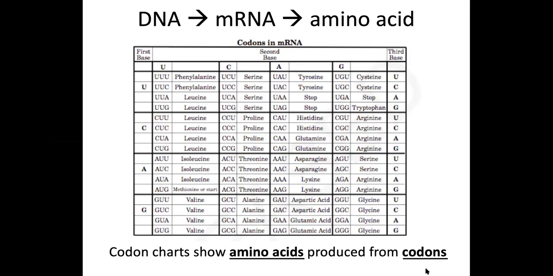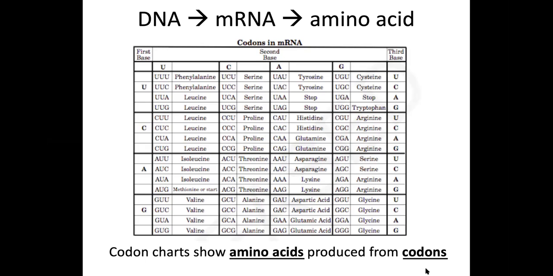So what you have to do, if you are given, for example, the codon AUG, which we would find on mRNA, you would go to the A row, okay, the U column.